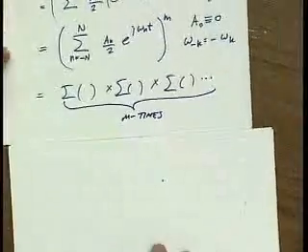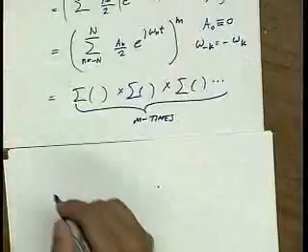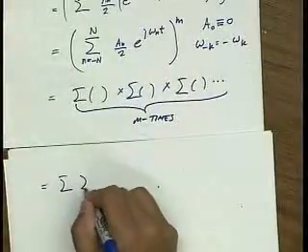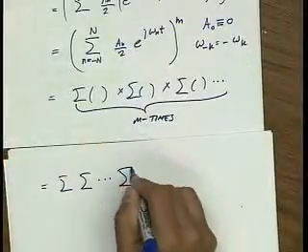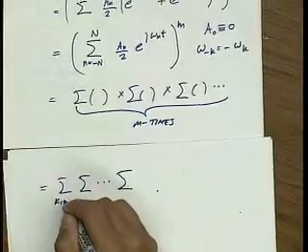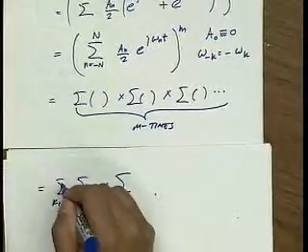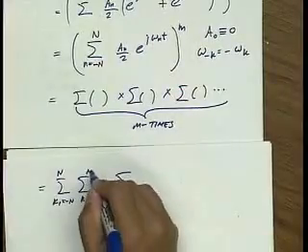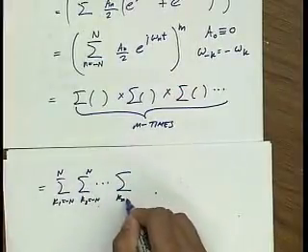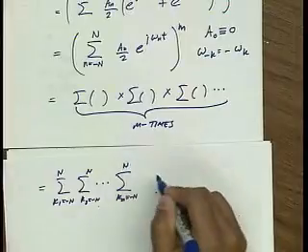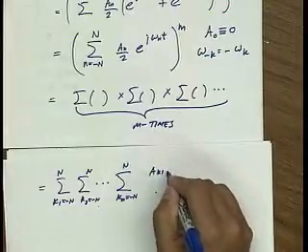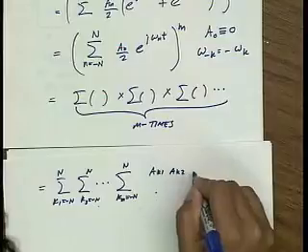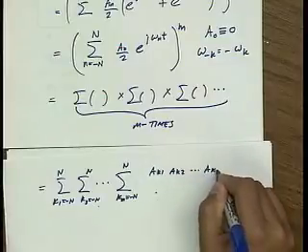I'm going to write this as a bunch of sums for index k_1, and I'm going to rename the indices so I can keep track of them, k_2, all the way to k_m, a_k1 times a_k2, all the way multiplied by a_km.